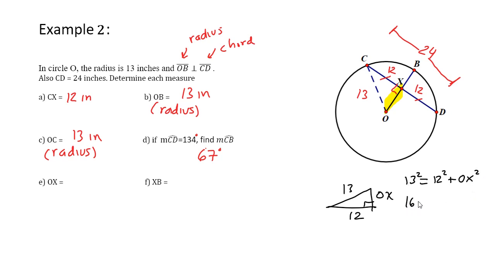So 169 is equal to 144 plus the length of OX squared. So subtracting 144, I'll get 25. So taking the square root, I get that the length of OX should be 5 inches.